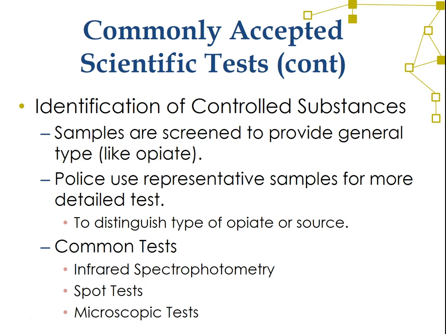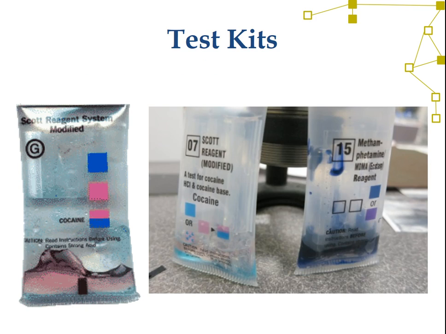So there are different ways to do it. And some of the common tests are what they call infrared spectrophotometry, and that's a tough word to say. There are spot tests and microscopic tests, and you can get a little bit more in depth in your textbook.